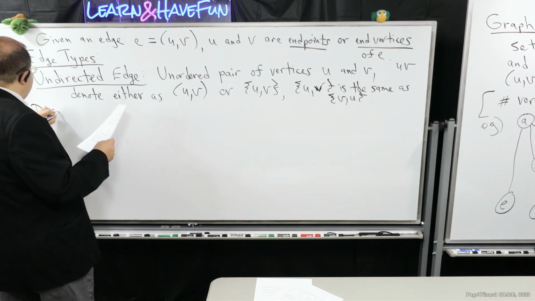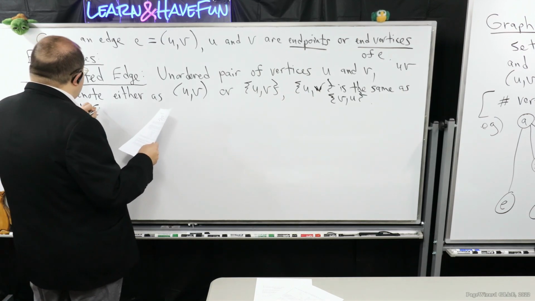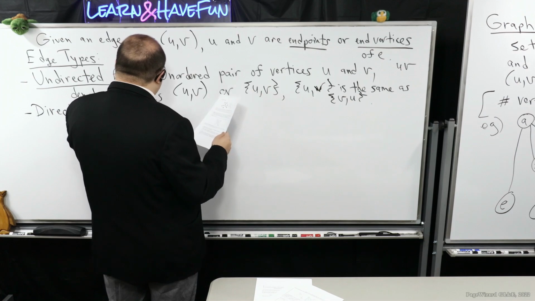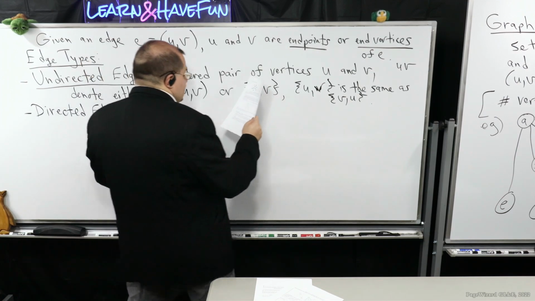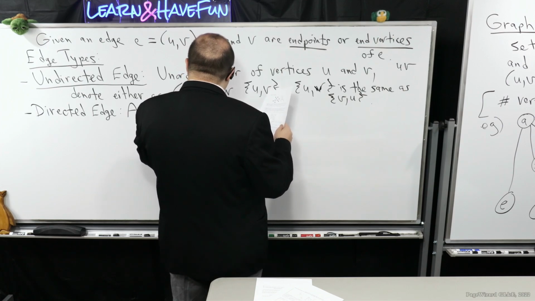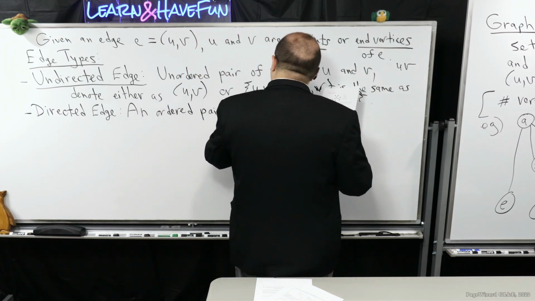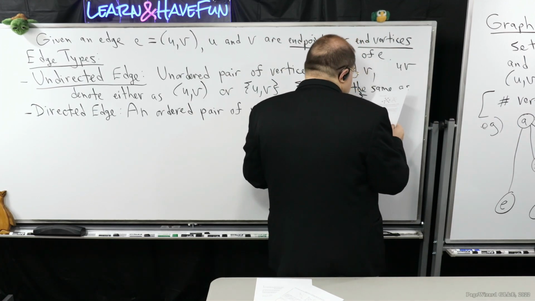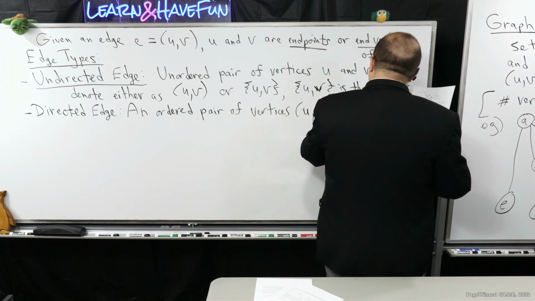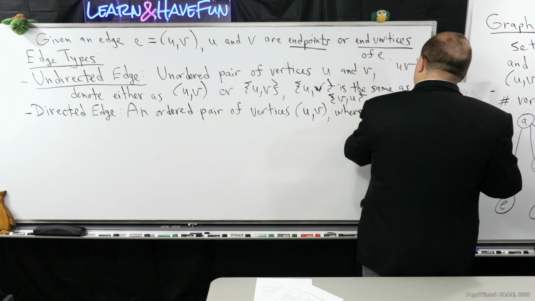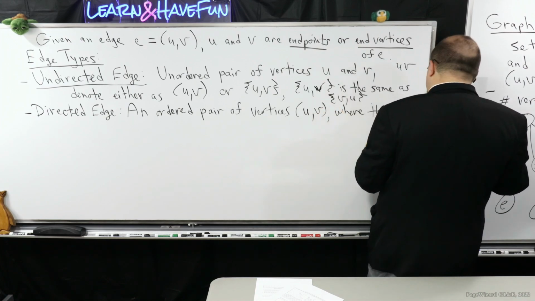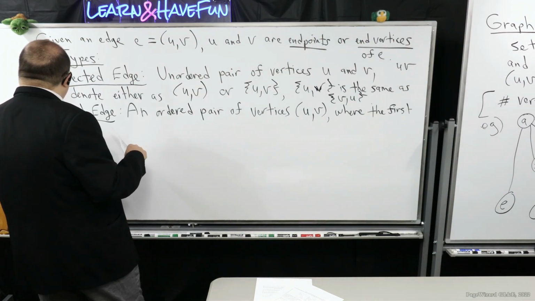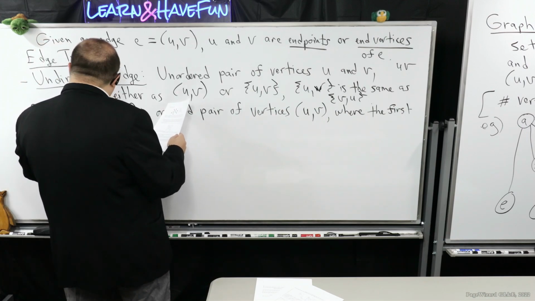This is in contrast to a directed edge. This is actually an ordered pair of vertices, UV, where the order matters with the endpoints. The first vertex, the first of these two listed, so for example U here, is the origin.